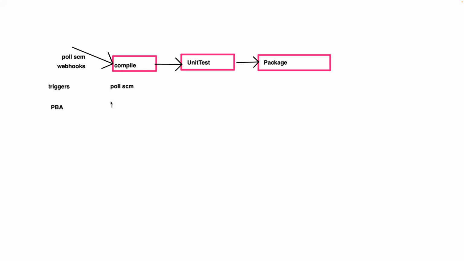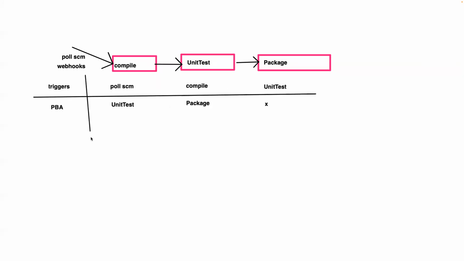You can use them to trigger the next job, which is unit test. Then what next? So for unit test, who will trigger it? Compile will trigger it. Then what is the post build? The next job, which is package. For package, the trigger will be unit test. Means triggers can be another job also. Here, as of now, no post build, because that completes the job. That completes the pipeline. So using these two sections, we will build this pipeline.